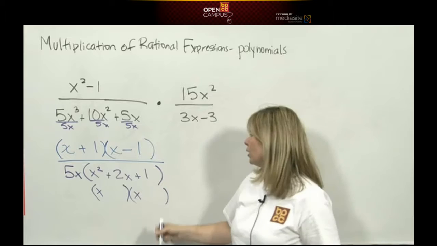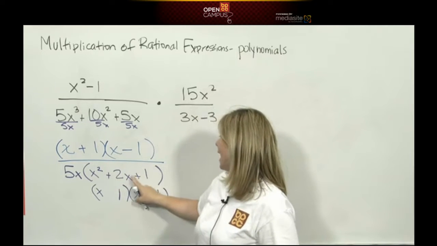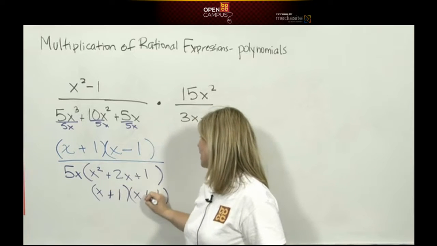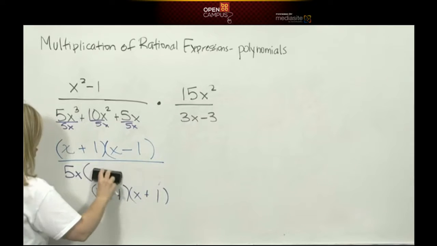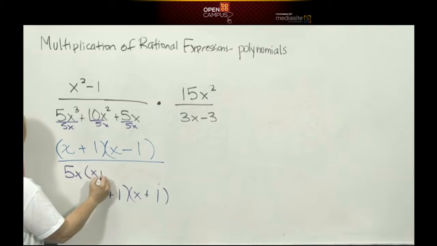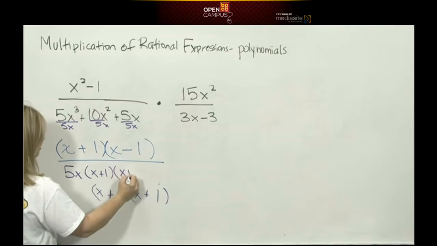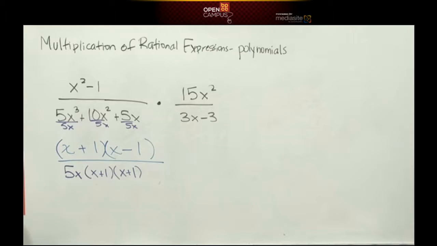It's 1 times 1. Will 1 and 1 add to 2? Sure will. To add to a positive 2, they both have to be positive. So now this trinomial is gone. You still have your GCF, and now you have in this denominator an x plus 1 times another x plus 1. So there's that denominator completely factored.